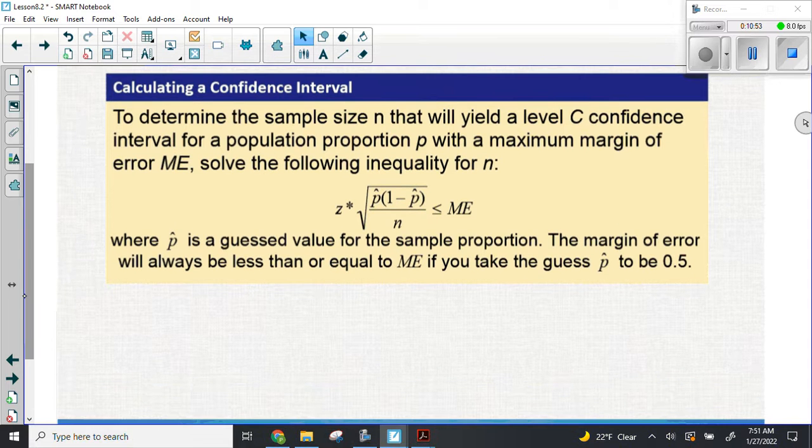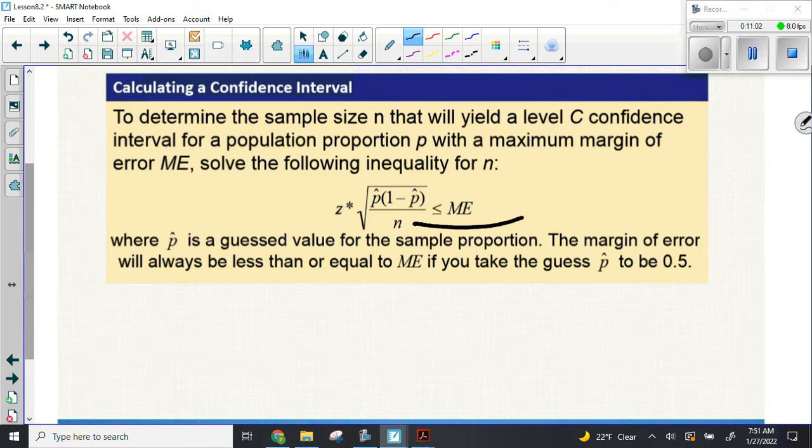So if you need to determine an appropriate sample size, you'll use this formula. Right, you're given a margin of error every single time. What you're doing is you're solving for n.